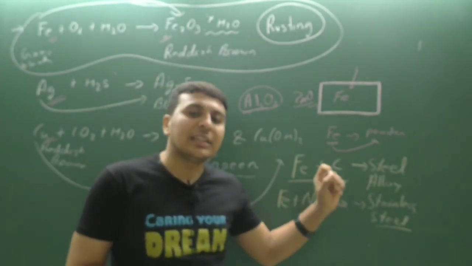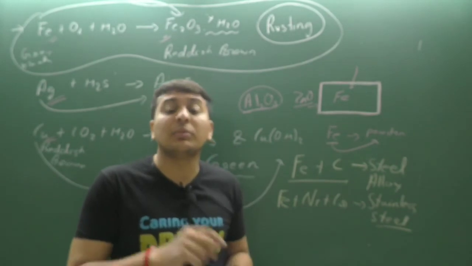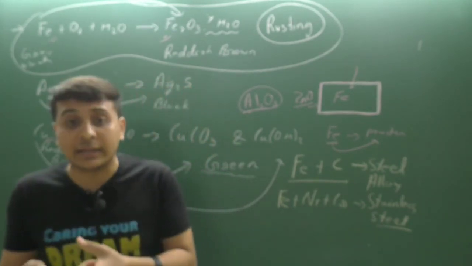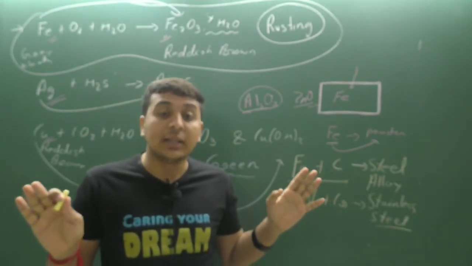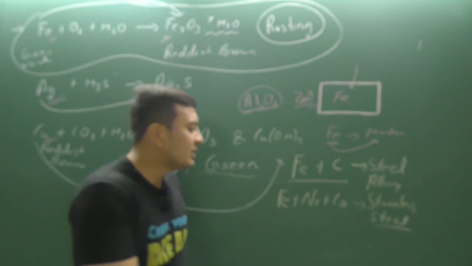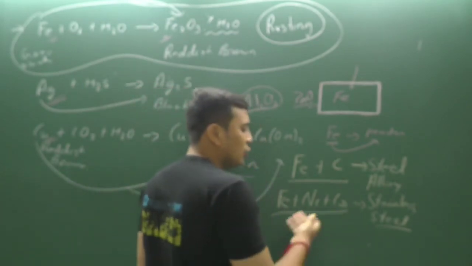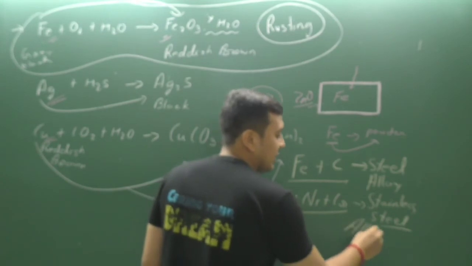In steel, rusting is possible but at a very slow rate. In stainless steel also rusting is possible but almost at a negligible rate. It means we can say that it will not get rust. So that is the stainless steel. Clear? So it is a mixture of two or more metals and non-metals, so it is also known as alloy. It is also an alloy.